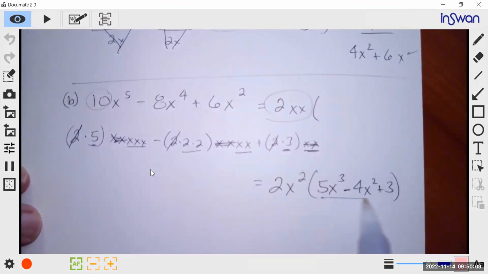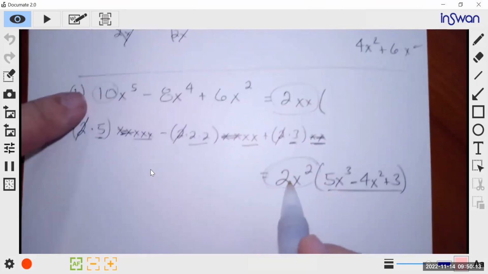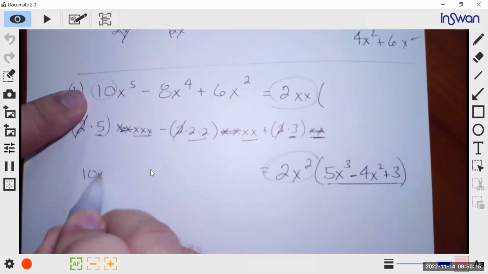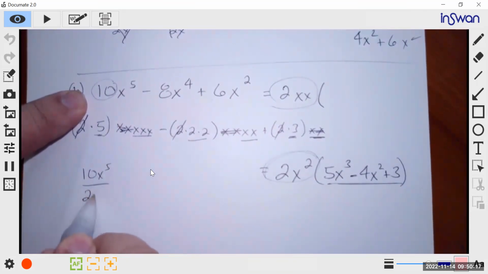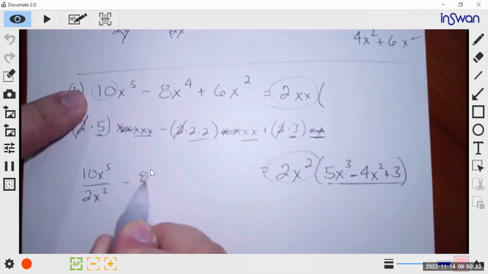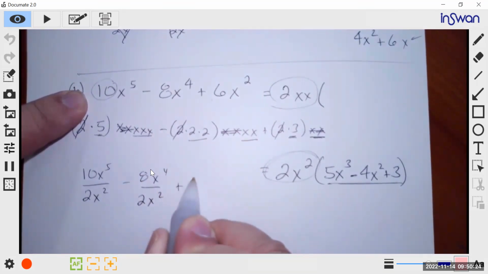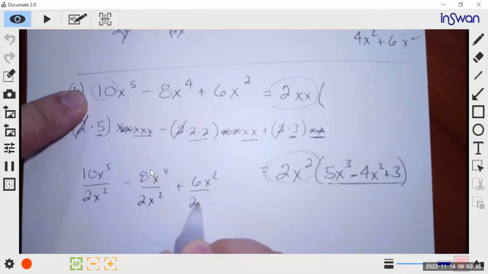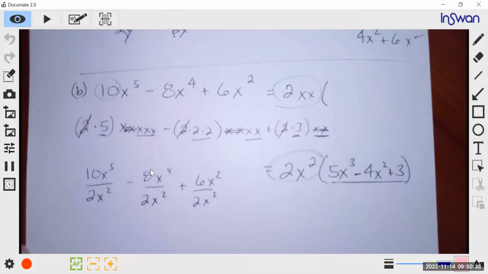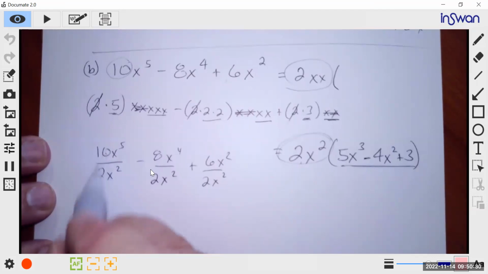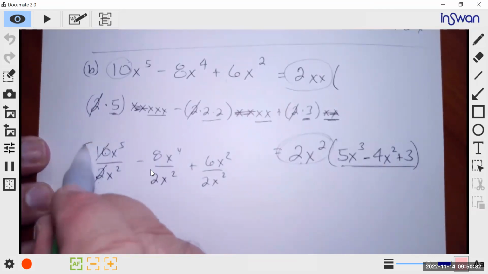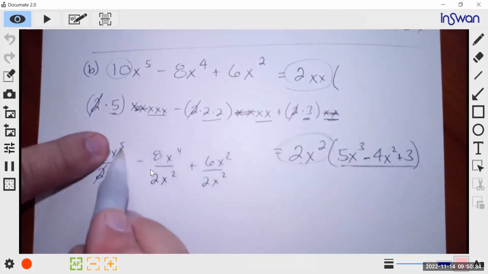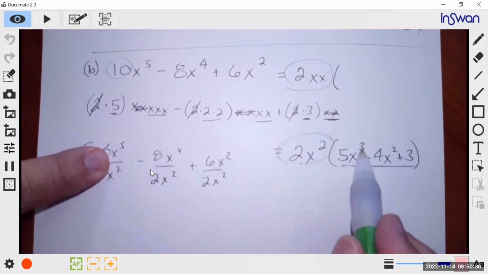Again, to see how you get these numbers here, since I knew I took out a 2x squared, if I went to this original equation and divide each one by 2x squared, since I factored out, 10 divided by 2 is 5. 5 minus 2 is 3.